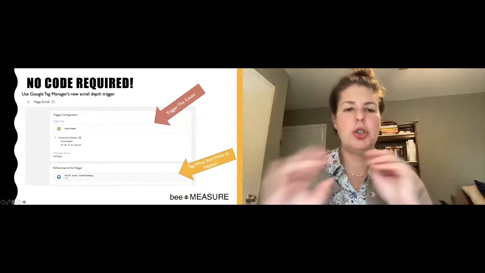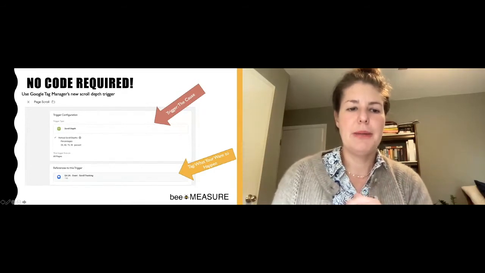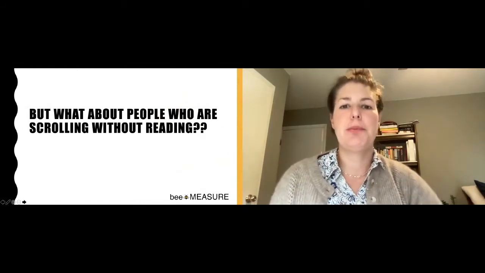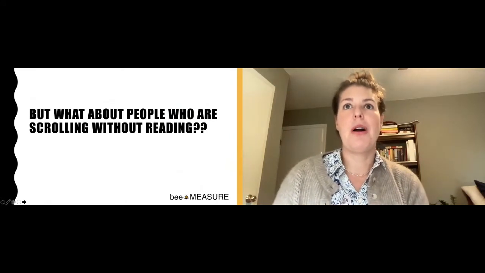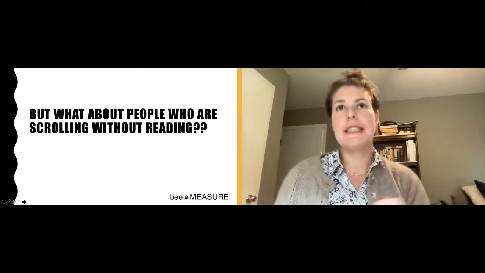So you can put the two working together and fire events when somebody is scrolling to a certain point on the page and also spending a certain amount of time on the page, and to give you pretty close approximation of how many people are both scrolling and reading, spending time with your content.